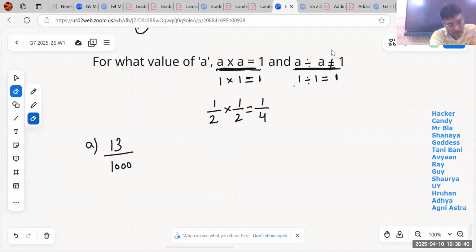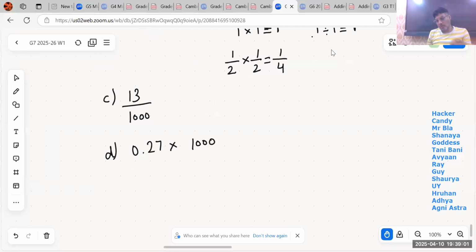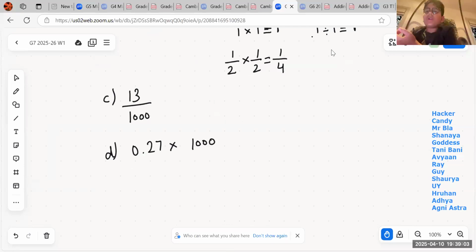This should be C, and D is. Do these two questions. Sir, what are we doing in these questions? Because I got disconnected. Convert into decimal, and next you have to just give the answer. Okay, sir.